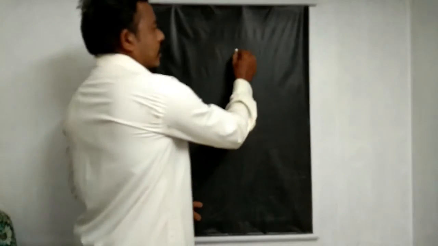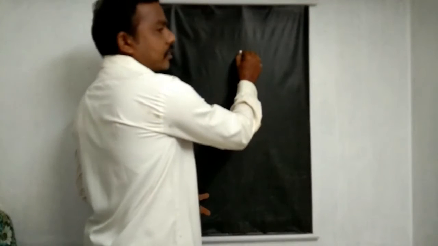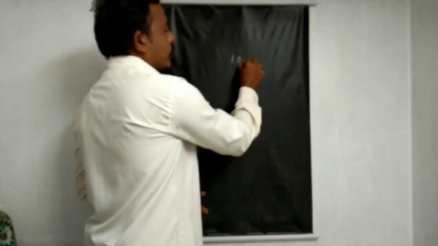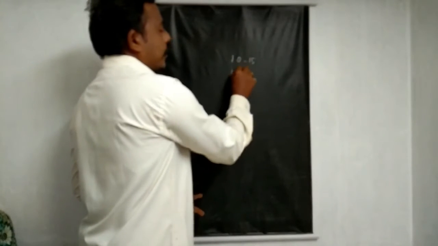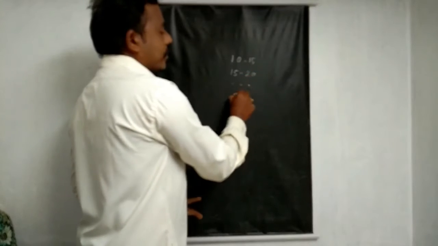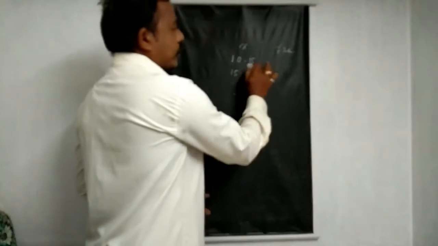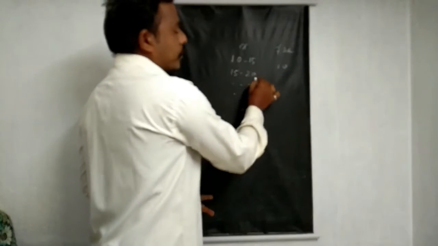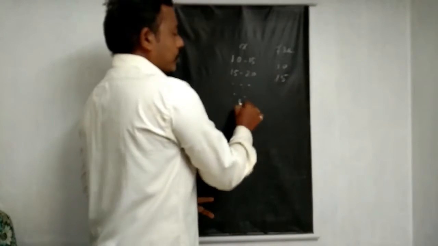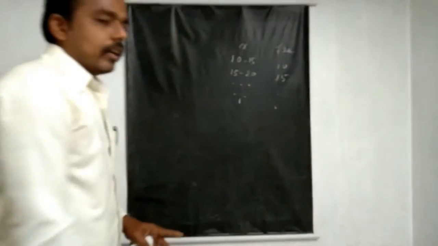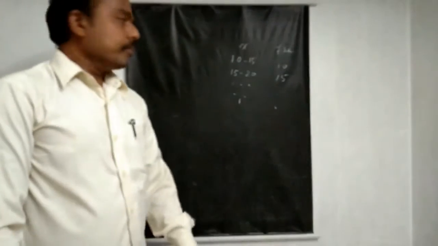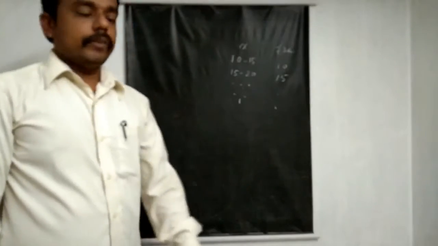Here the ranges are given, 10 to 15, 15 to 20, and so on, and the frequencies are given. The frequency of 10 to 15 occurs 10 times, 15 to 20 occurs 15 times, something like that. Now we are going to find the mode, that is, the most repeated.